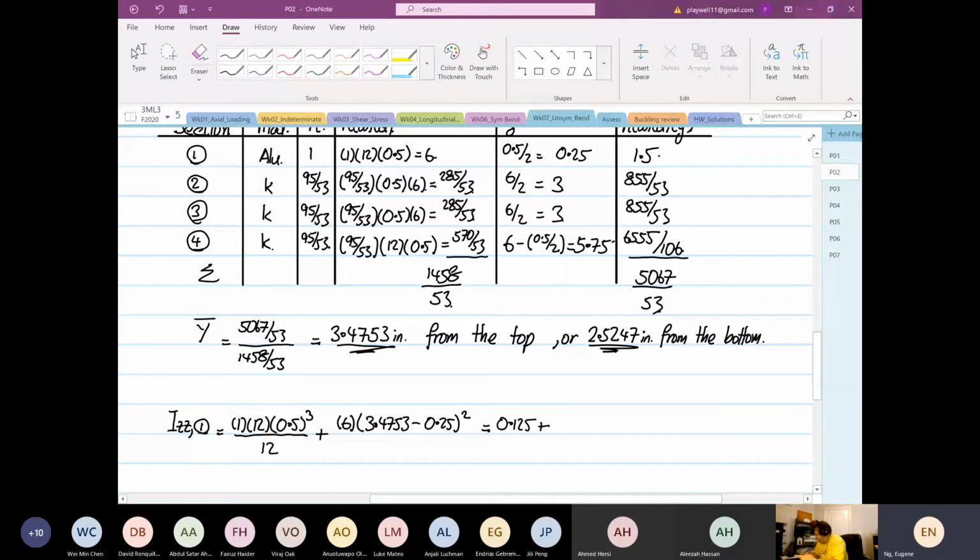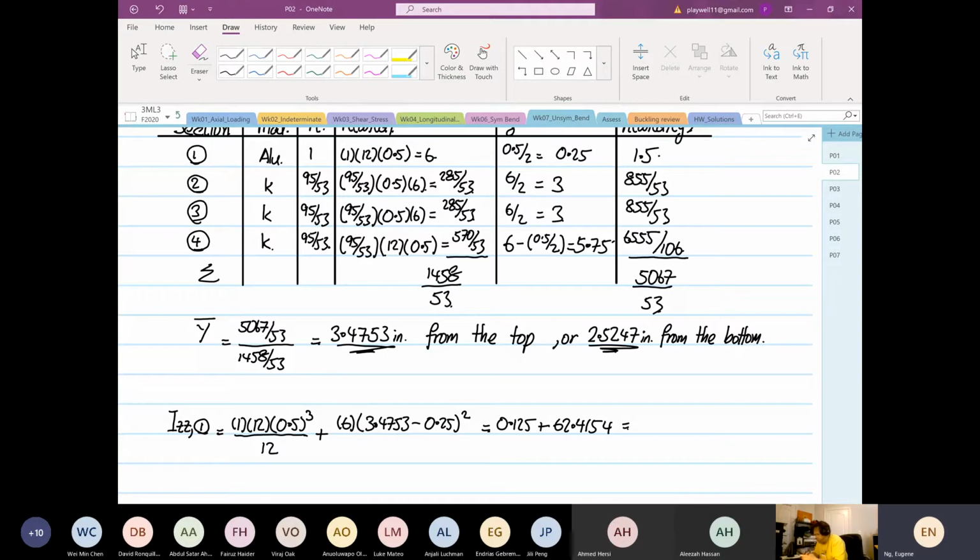plus 3.4753 minus 0.25 squared times 6. So this is 62.4154. So it's equal to 0.125 plus 62.4154 is equal to 62.5404. Let me do it again.